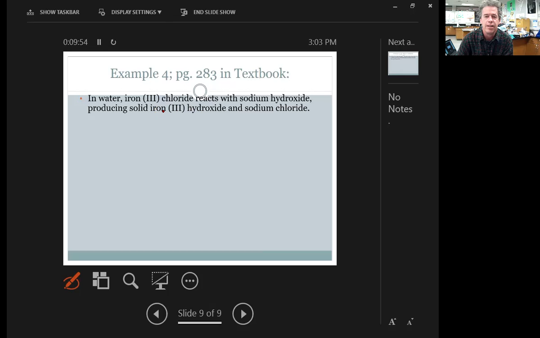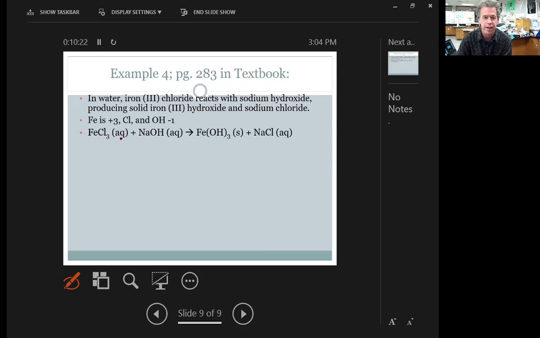Fe is a 3 plus charge, so we need 3 OHs, and sodium chloride, NaCl, plus 1 minus 1. So when we write the equation now, we get FeCl3 aqueous plus NaOH aqueous reacts to yield Fe(OH)3 solid plus NaCl aqueous. Notice though that this is not balanced.